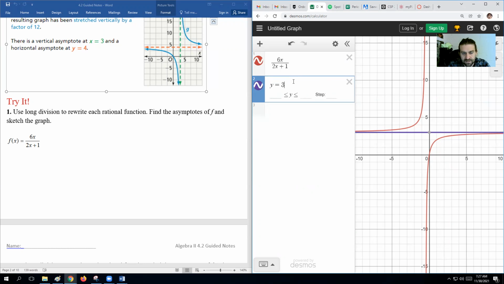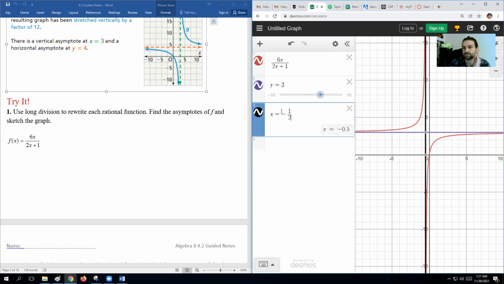That was the number on the outside. And then a vertical asymptote at x equals negative 1/2. So remember, the horizontal asymptote comes from the number on the outside, and the vertical asymptote comes from setting the denominator equal to 0.